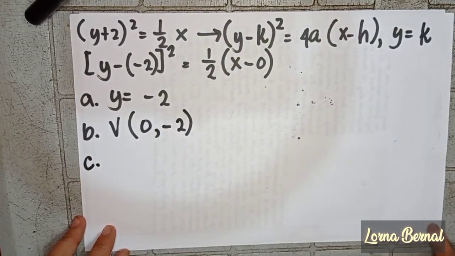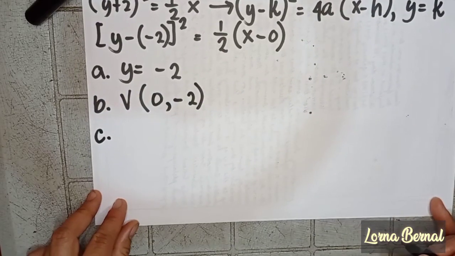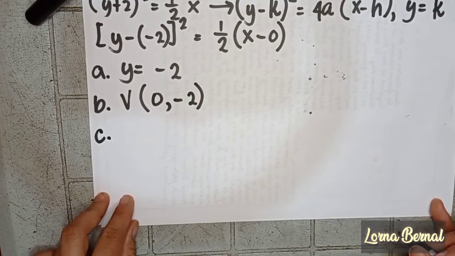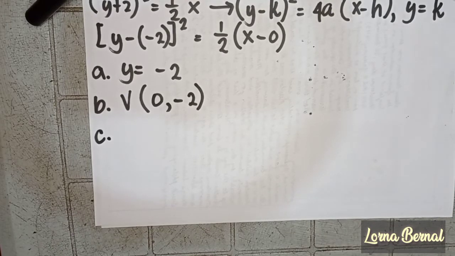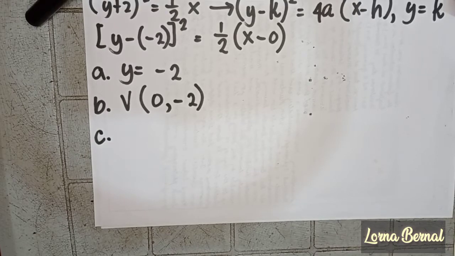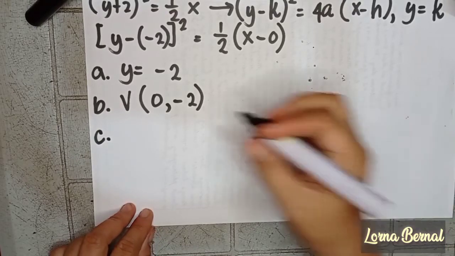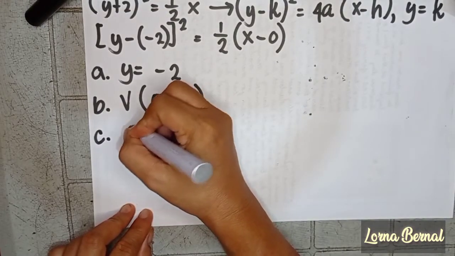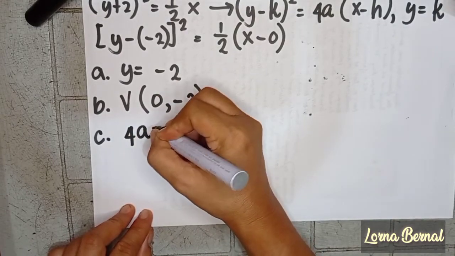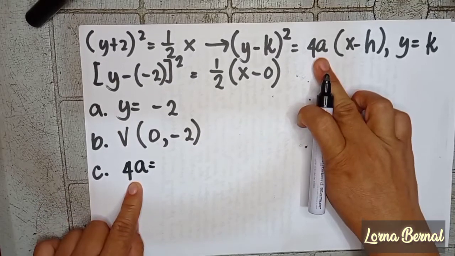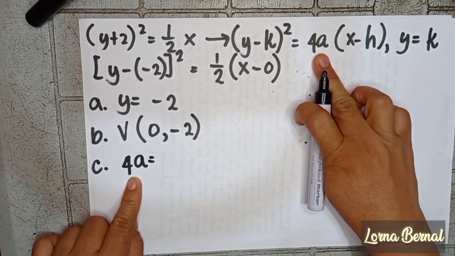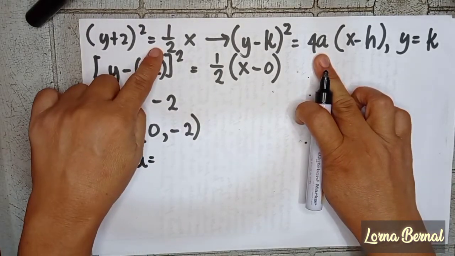Then letter C, we have the focus. So the focus is given by the equation 4a. So 4a is now equal to 1/2.